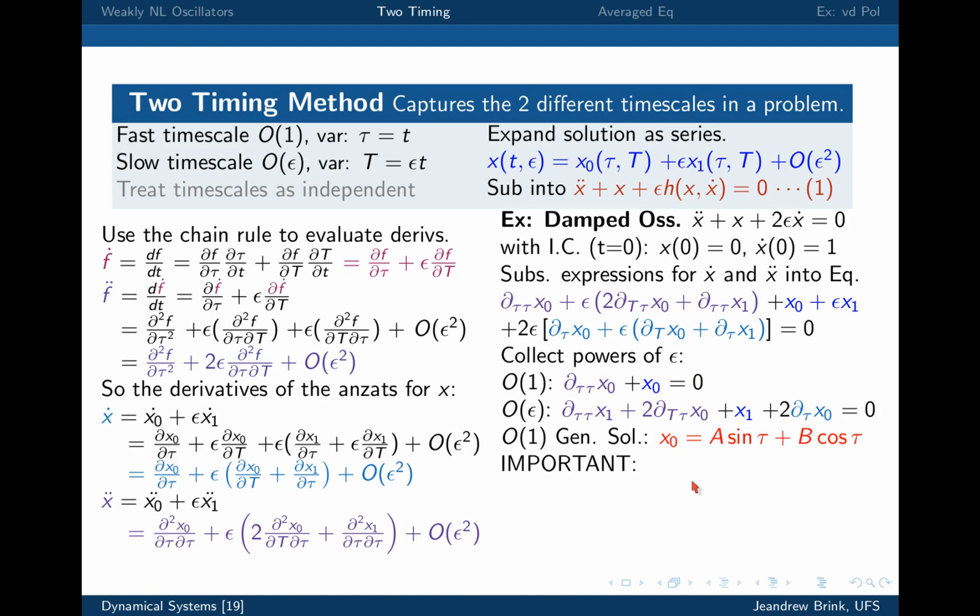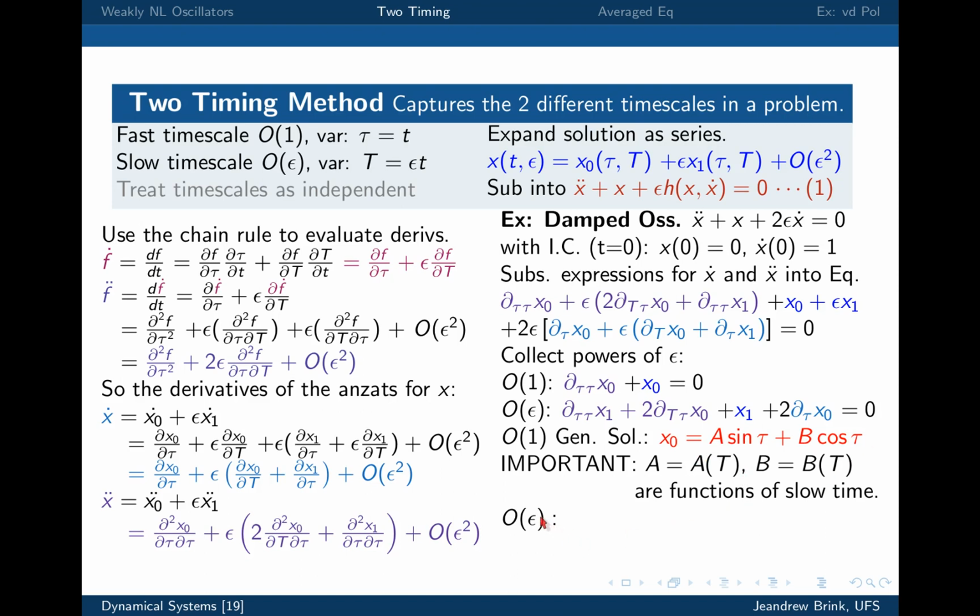So both A and B are in fact functions of the slow time, and we must always bear that in mind when we take derivatives of x0. So our general solution is x0 equals a function of the slow time times sine tau plus b, a function of the slow time, times cos tau.